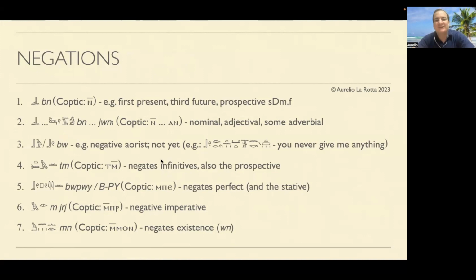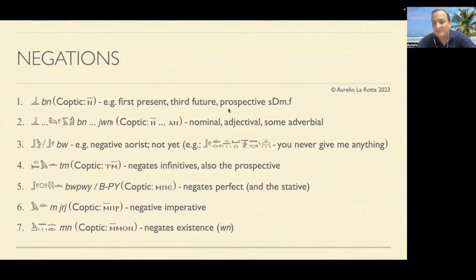in Late Egyptian. The most common one, and the one I want to talk about today, is bn, which becomes in Coptic. That one is used for a ton of different quasi-verb forms, because the first present, of course, is an adverbial sentence, I upon hearing. The third future is also technically an adverbial sentence, I towards hearing. But essentially later they're the equivalent of verbal sentences in English.